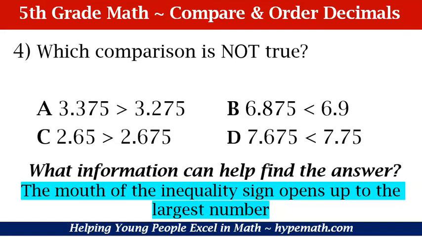The information that can help us is to remember that the mouth of the inequality sign opens up to the largest number, okay? Remember the alligator, it opens up to the largest or the biggest number.